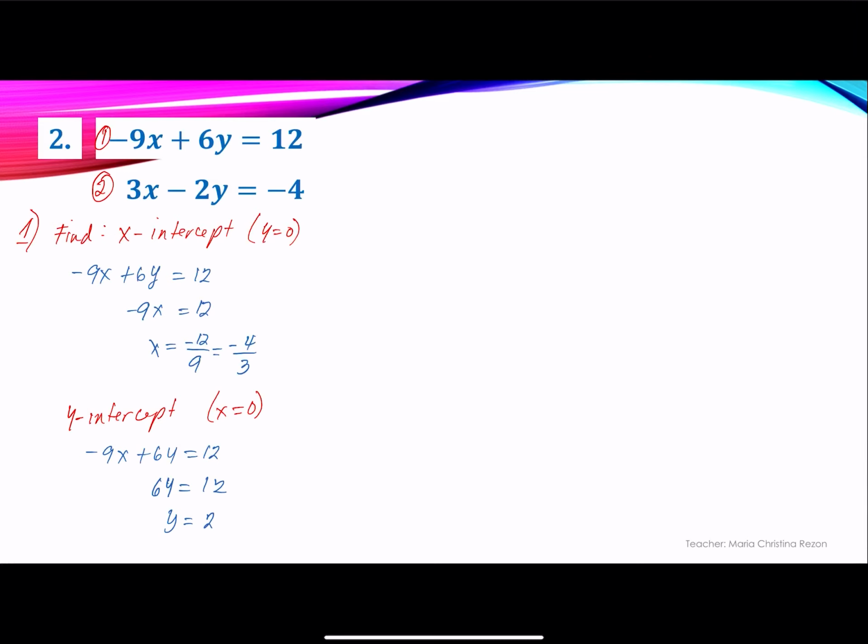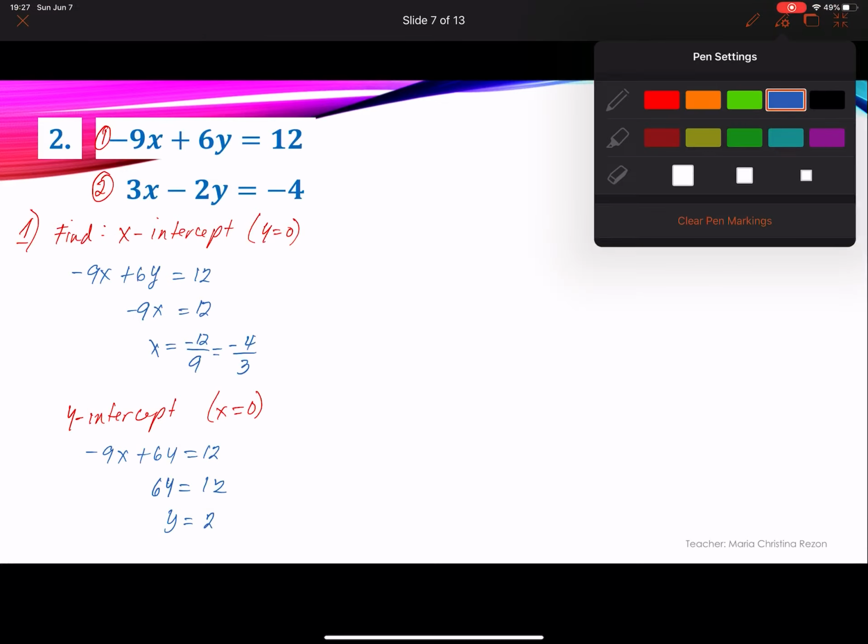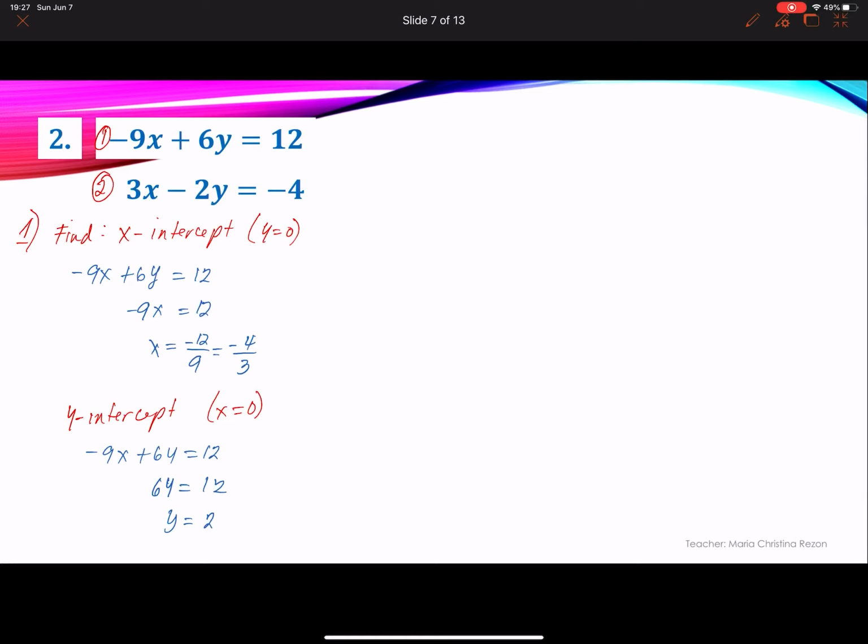And then for our second equation, you have 3x minus 2y is equal to negative 4. And then set y to 0, so that is 3x is equal to negative 4. X is equal to negative 4 over 3. And if you notice, they are the same.